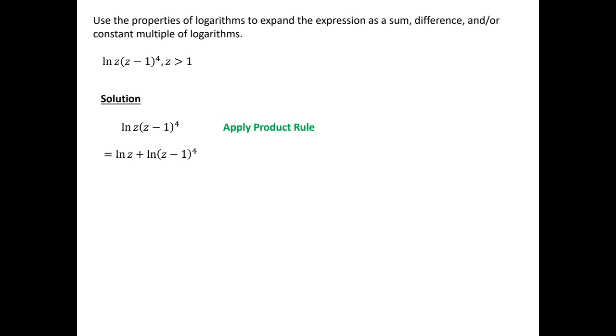I didn't see the z there. Do you see that I have a z times z minus 1 to the fourth? I'm going to apply my product rule, and that says that when I have two things that are being multiplied inside a log, I can expand it by the addition of the two logs. Yes? So then I have the natural log of z plus the natural log of z minus 1 to the fourth.